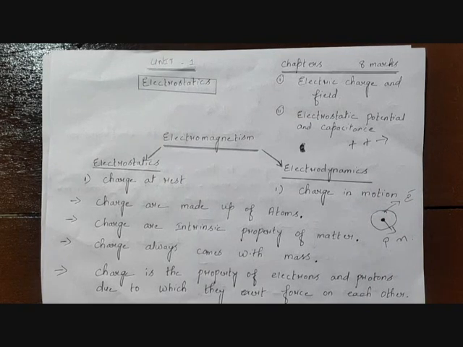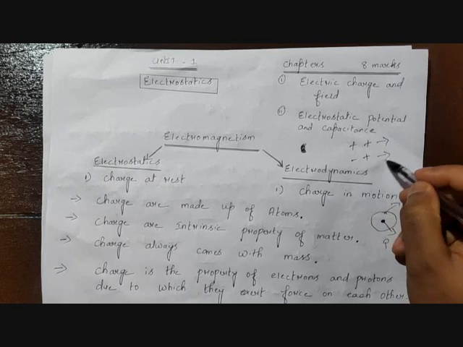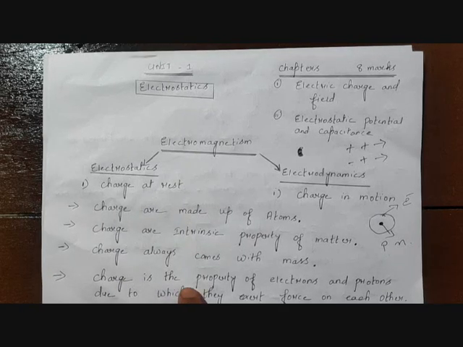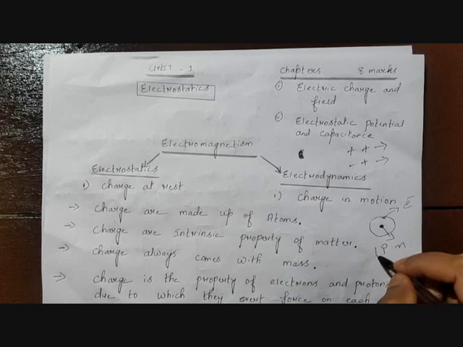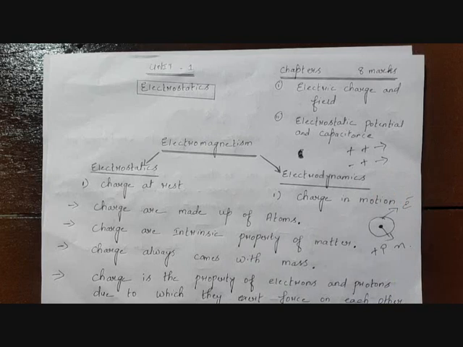I hope you know repel means moving away from each other. And if we get opposite charges, minus plus, meaning electron and proton, they will attract each other, they will come close to each other. So similarly, the last point says that charge is the property of electron and proton due to which they exert force on each other. Obviously, these electrons are negative, and protons are positive. So negative and positive will attract each other.